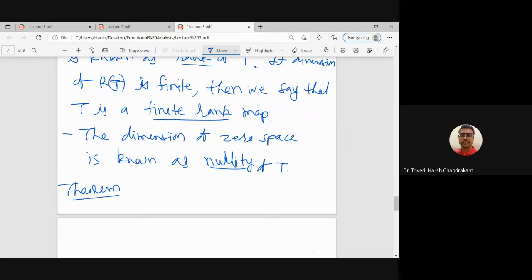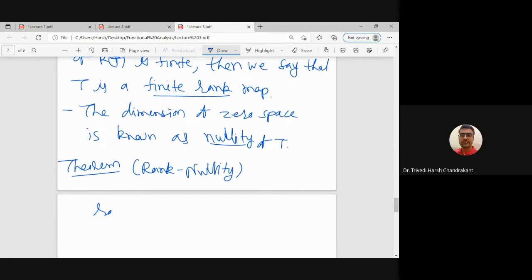Then we have the rank-nullity theorem. What does this say? Rank of T plus nullity of T is equal to the dimension of what, X or Y?